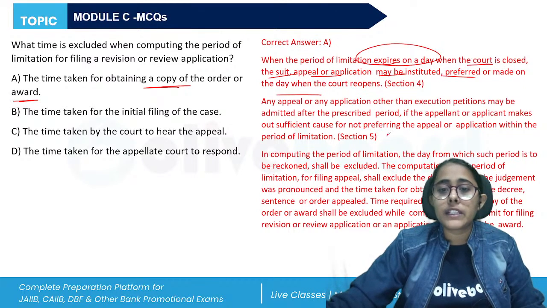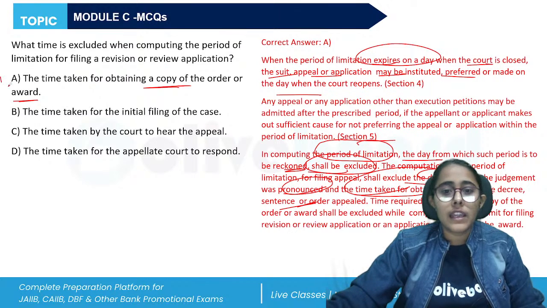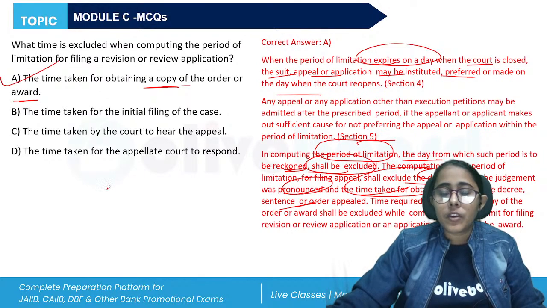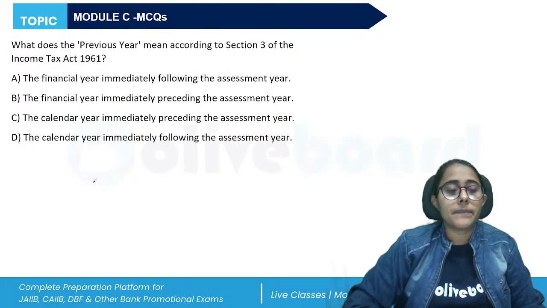When we are computing the period of limitation, then the day from which such period is to be reckoned shall be excluded. It shall also exclude the date on which the judgment was pronounced and the time taken for obtaining a copy of the decree, sentence, or order that was appealed. Alright, so the time that is taken for obtaining a copy of the order will be excluded. So the correct answer is option A.